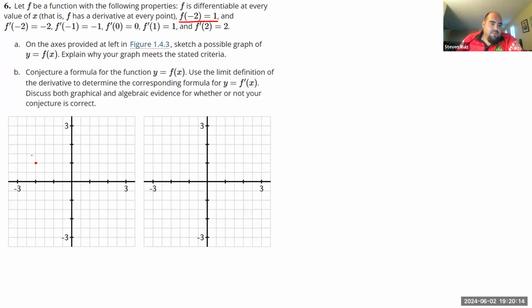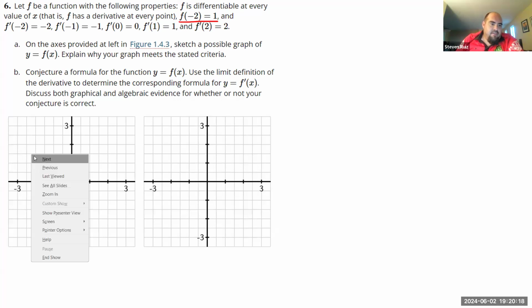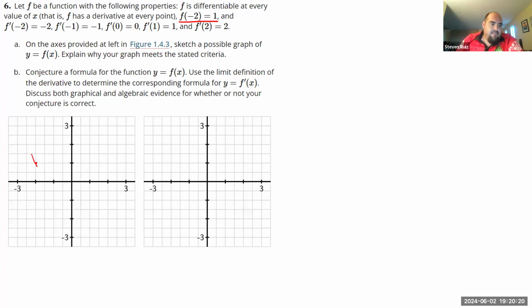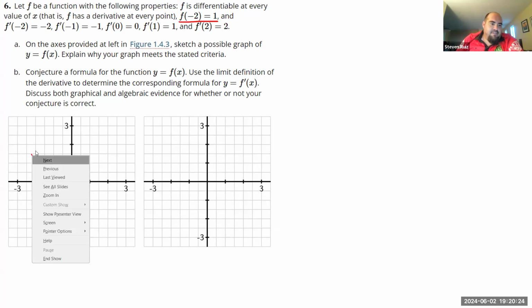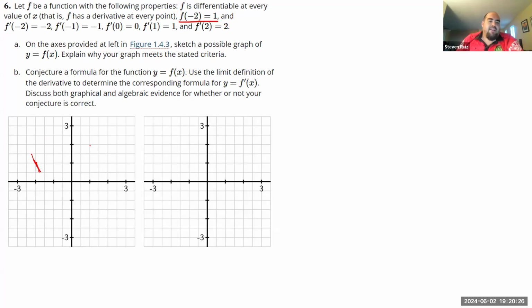So what does that slope look like? That is, roughly speaking, the slope of -2. I'm not sure how my graph looks yet, but I know it's going to have a slope there of -2. So I believe I've handled this condition and this condition.